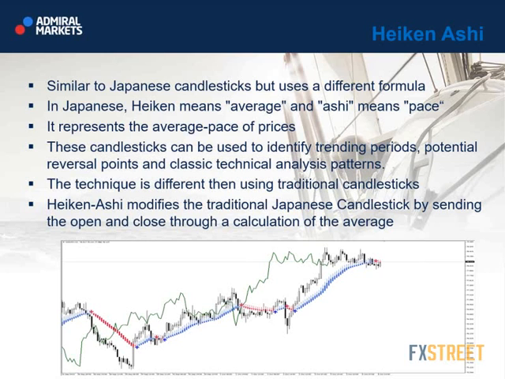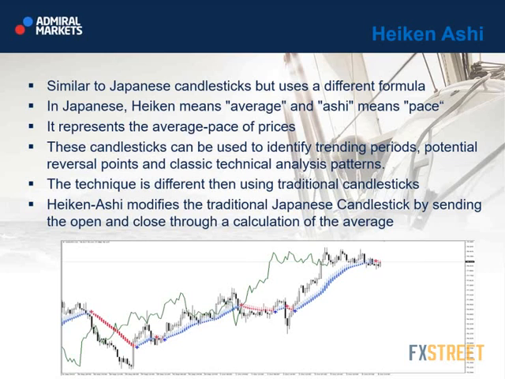Because of that, it's very good to combine it with momentum and direction. The technique for charting Heiken Ashi is different than using traditional Japanese candlesticks. Okay? That's important. You will rarely see technical analysis done only by Heiken Ashi.